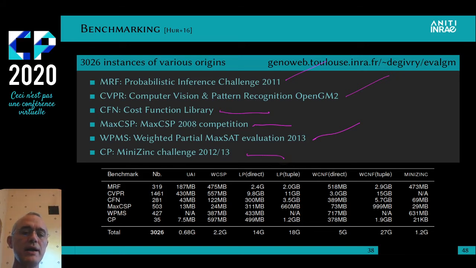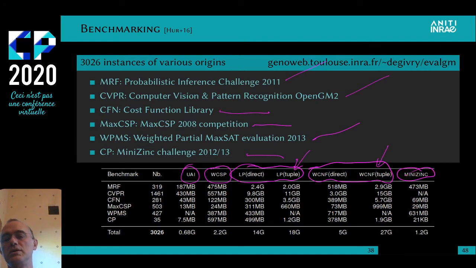And these were encoded in various formalisms: MRFs, WCSP, Cplex or ILP problems with 2 encodings. This one is the local polytope one. Same thing for partial weighted MaxSAT, and this one resembles the local polytope one. And also Gecode using MiniZinc encoding for those problems that could be easily encoded in Gecode.